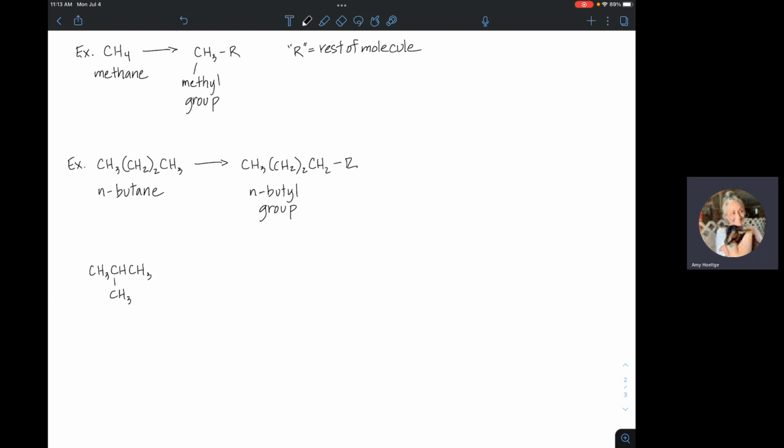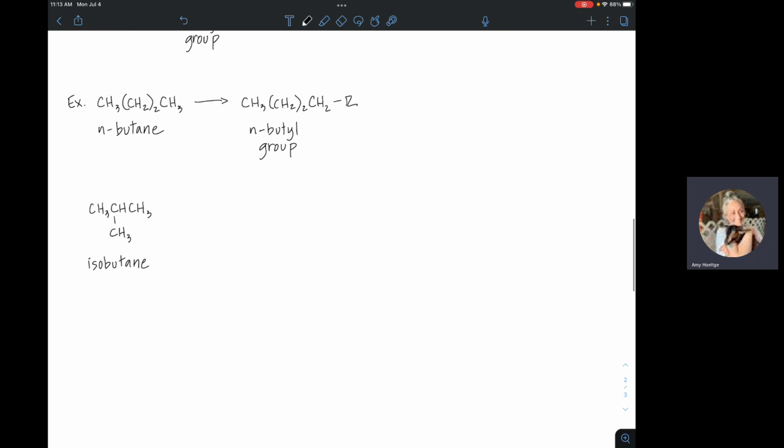So now, if I want, I can take away a hydrogen from one of those end carbons. So here we have what's called isobutane instead of n-butane. I have an isomer of butane. There's only 4 carbons, so there isn't much else you can do in terms of drawing other constitutional isomers for something this small.